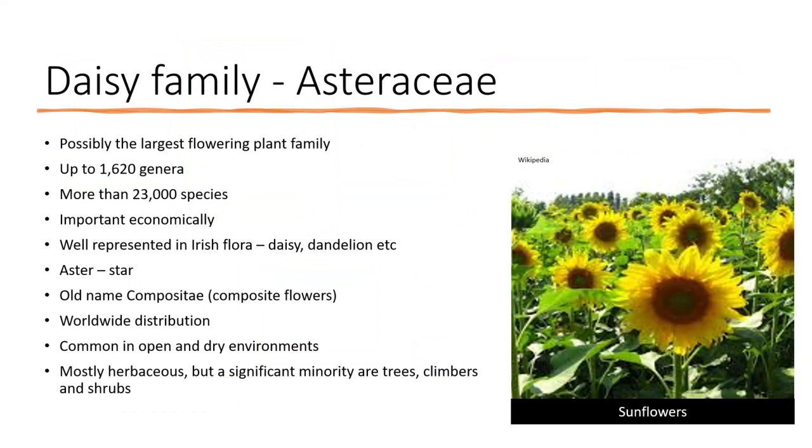And just a bit of background on the daisy family. It is maybe up there with the orchid family as being the largest flowering plant family in the world. We have lots of daisy family members in Ireland. Asteraceae comes from aster, the star, the shape of the star.